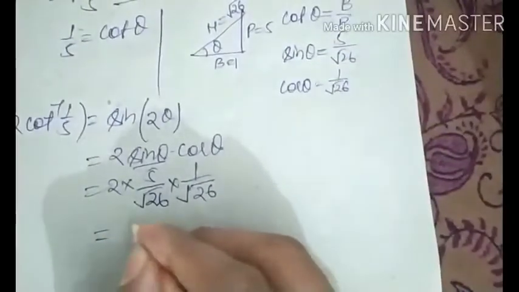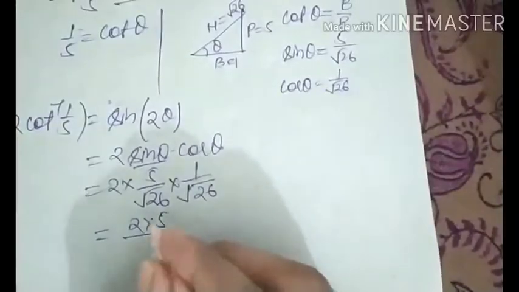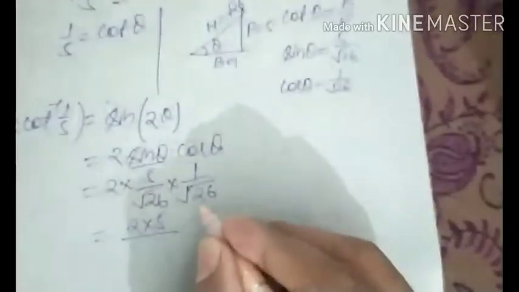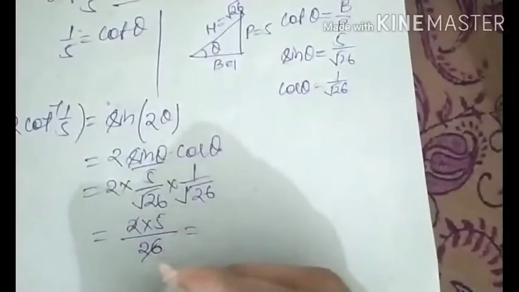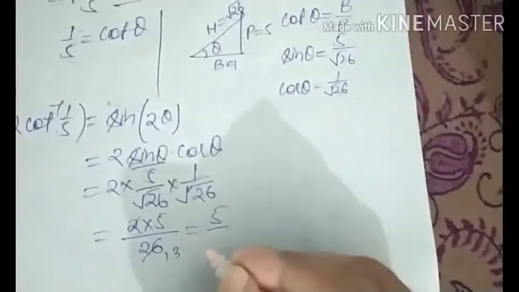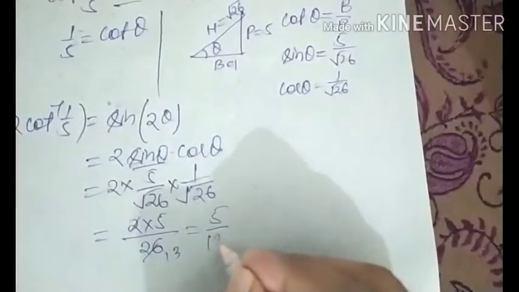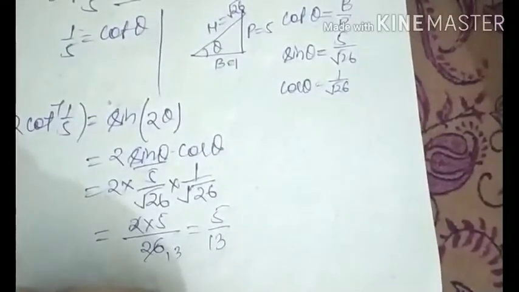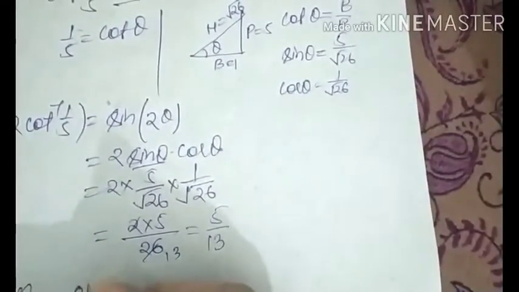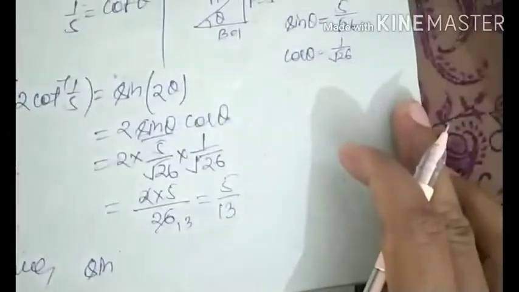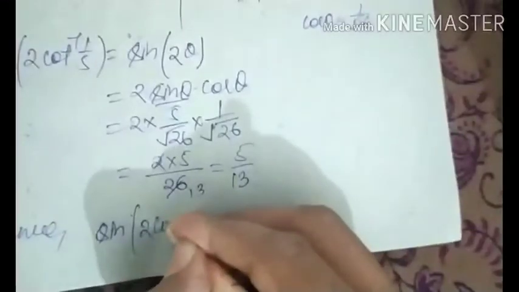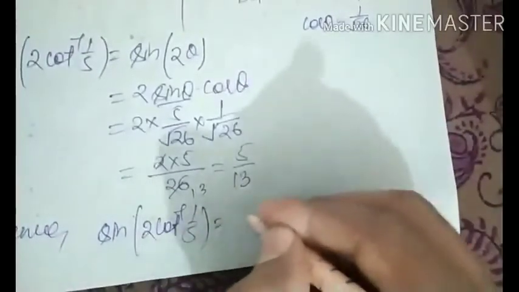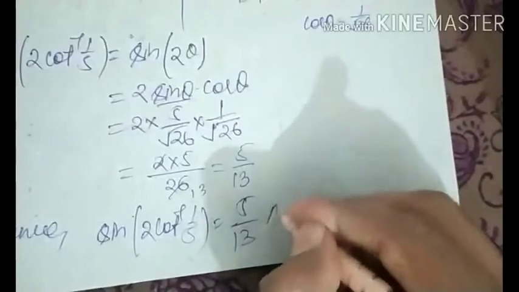The multiplication will be 2 into 5 upon under root 26 multiplied by under root 26, which is 26, equal to 5 upon 13. Hence the value of sine of 2 cot inverse 1 upon 5 is 5 by 13. Final answer.